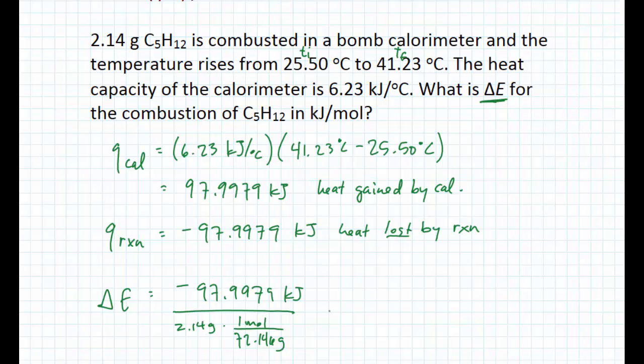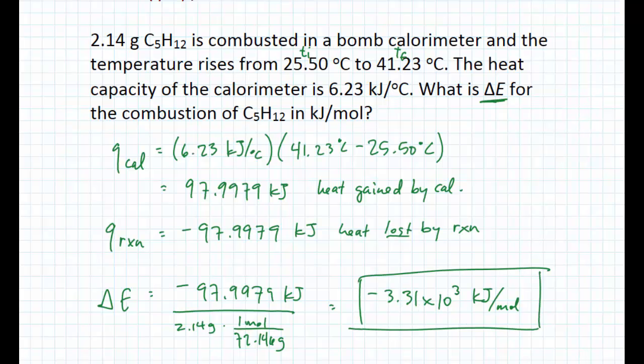So you could do that separately off to the side, whatever, but I got a pretty big number here, 3.31 times 10 to the 3. So 3,000 some kilojoules per mole.